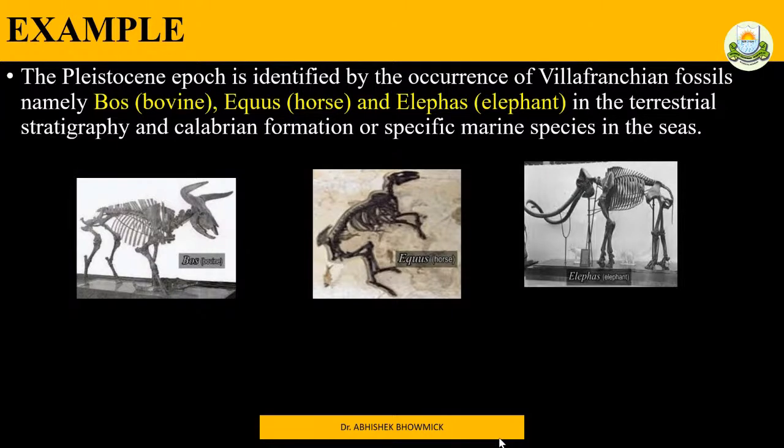Villafranchian fossils are very essential to understand the Pleistocene and Pliocene boundary, from where we can understand what types of climates and other things were there. So these are the faunal remains which can decipher much more information than only the environment, but also how humans adapted to the situation in their past behaviors.